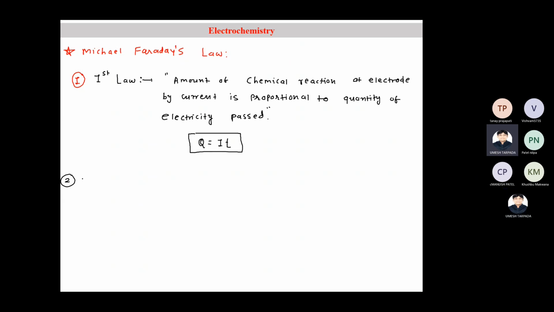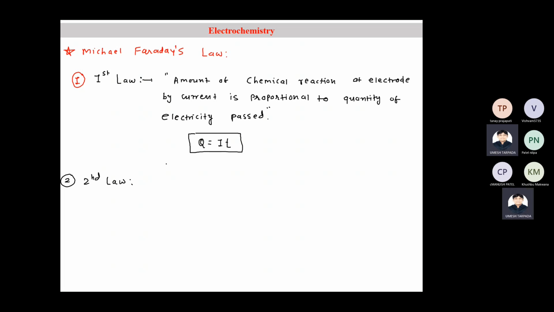This is your first law. The amount of electricity which is passed is directly proportional to the chemical reaction taking place at the electrode. The more current you pass, the more reaction will occur. So this gives an idea about the amount of chemical reaction. The electrode remains the same but we change the quantity of current. In the second law we keep the current the same and the electrode will change.